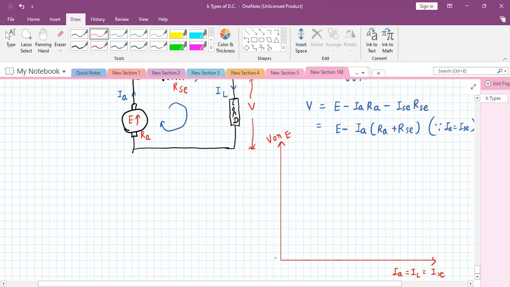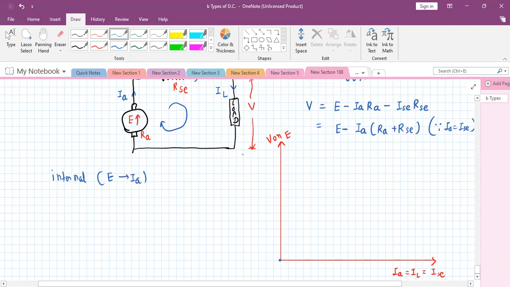Now start. First of all, I am discussing the internal characteristic, a graph of E versus IA.